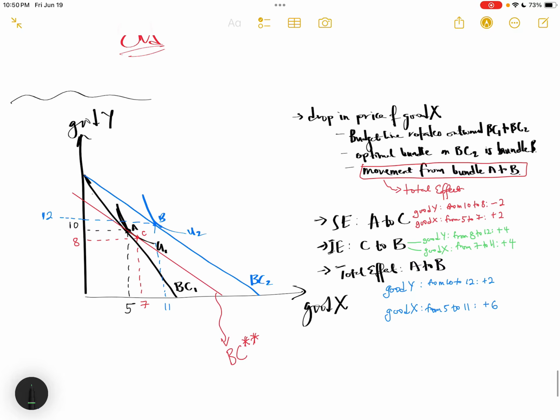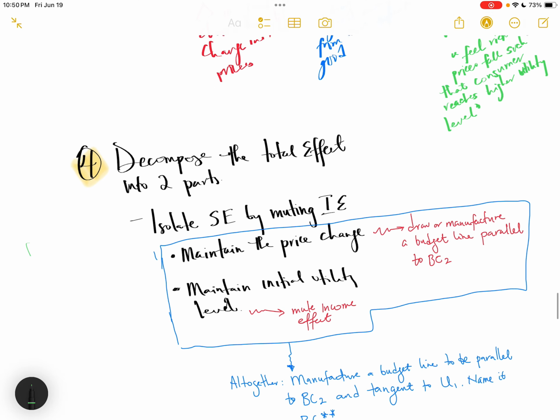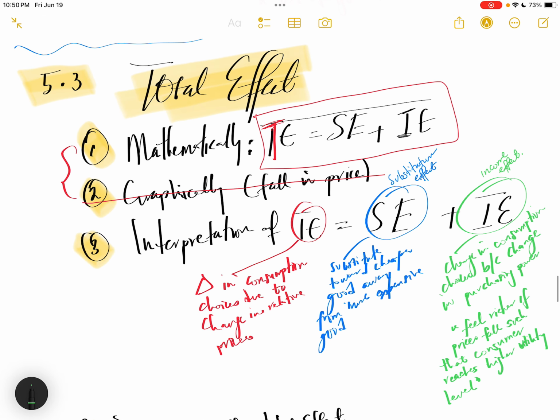All right, let's go back up to the agenda and see what we have done so far. Okay. We have mathematically written out the total effect as the sum of substitution effect and income effect.